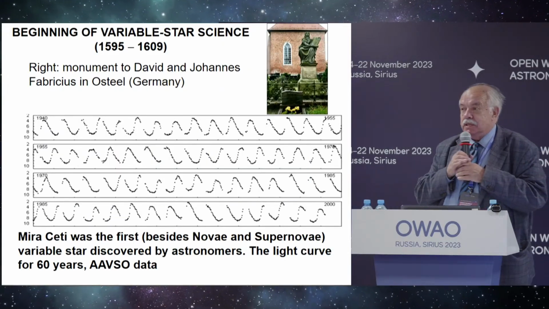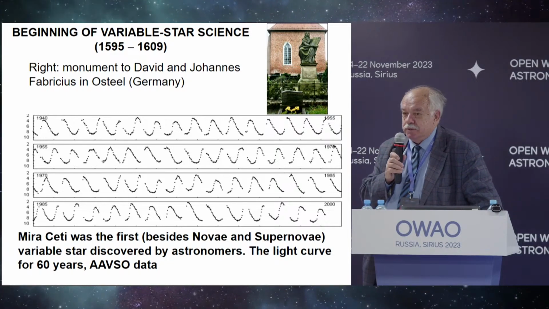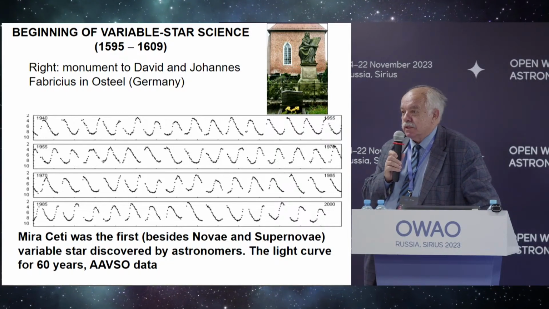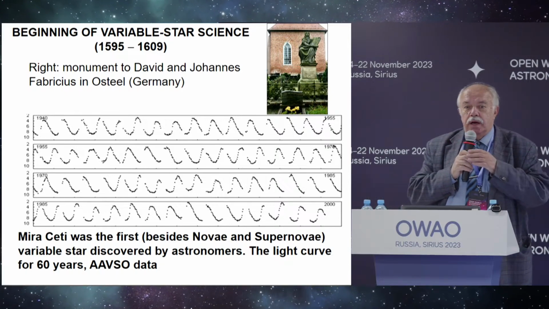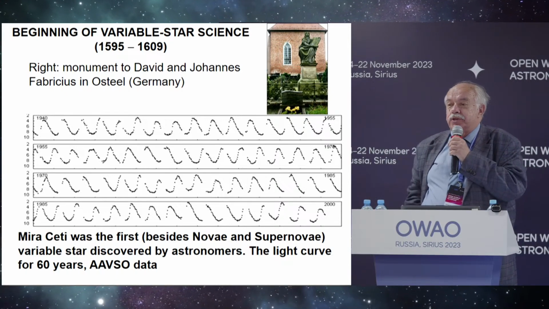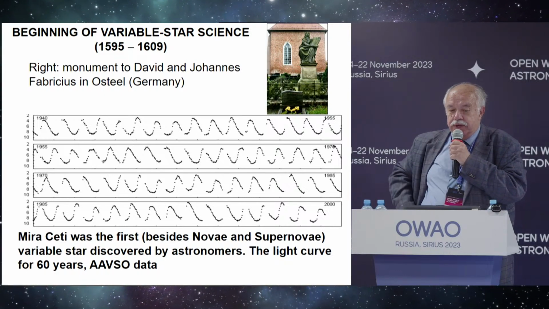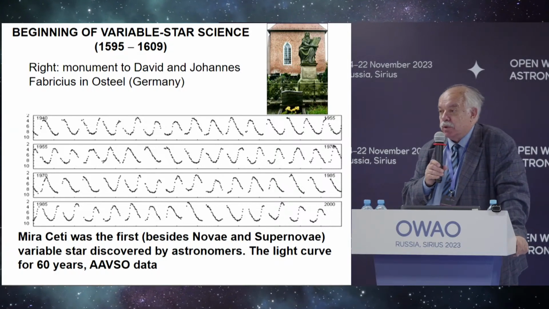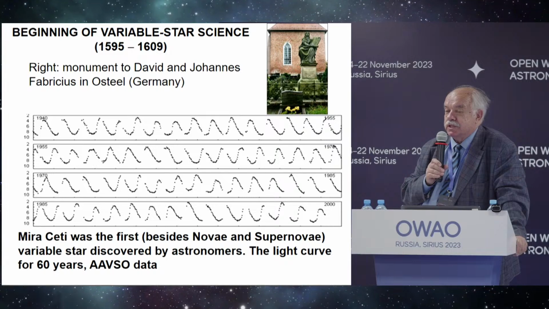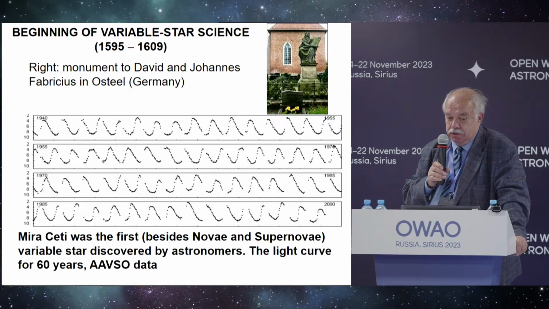Well, these are guest stars that appear and disappear. For some reason, variable star astronomers prefer stars that don't disappear forever. And so the beginning of variable star science is more or less the time when the first of such stars that do not disappear forever was discovered.